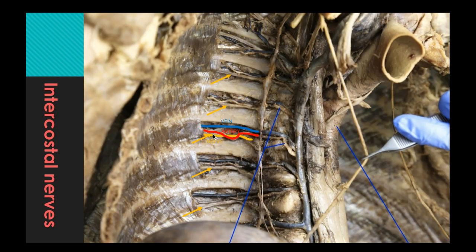So the way I like to remember this is the van drives down the hill, meaning the V for vein, A for artery, and N for nerve are moving from superior to inferior, VAN. So here we have another example. Here's our vein, the intercostal artery, and the intercostal nerve.